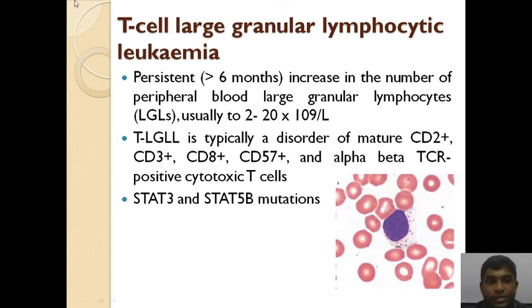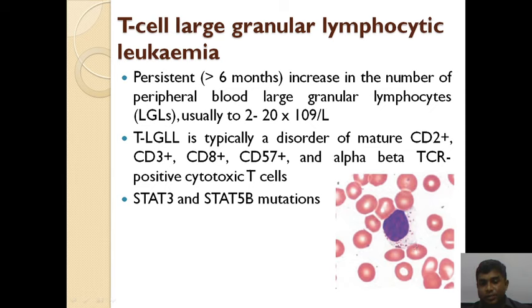Another subgroup is T-cell large granular lymphocytic leukemia. The characteristic feature here is the morphology, where you can see granules within the lymphocyte. So this is a large lymphocyte with granules. Normally lymphocytes are small with scant cytoplasm without any granules.